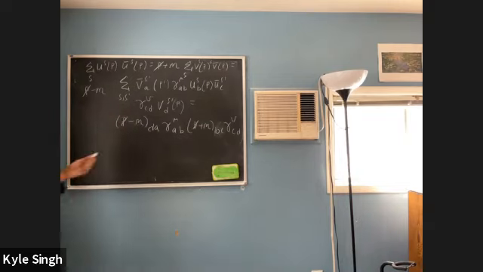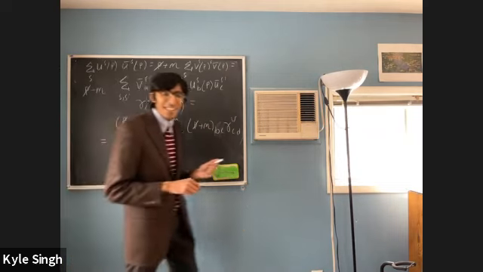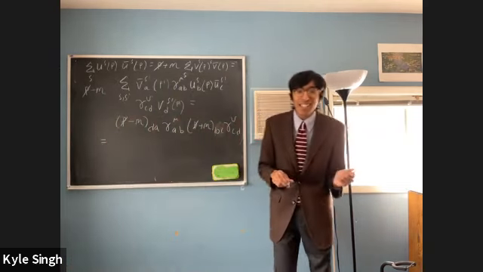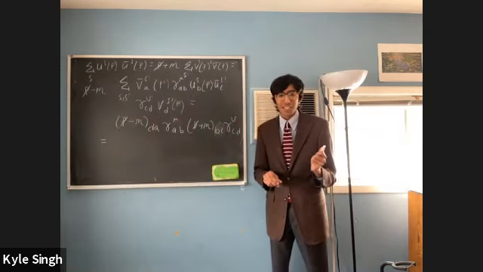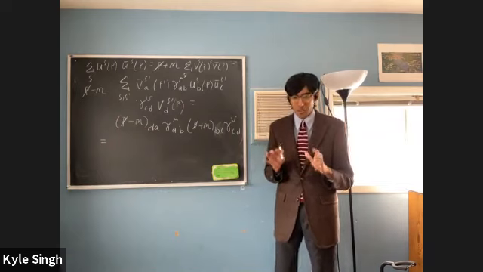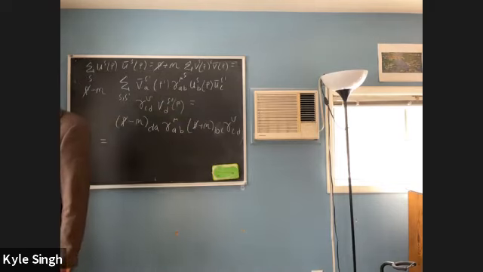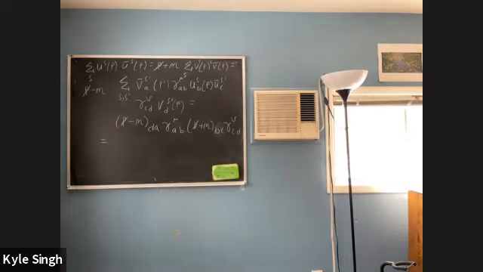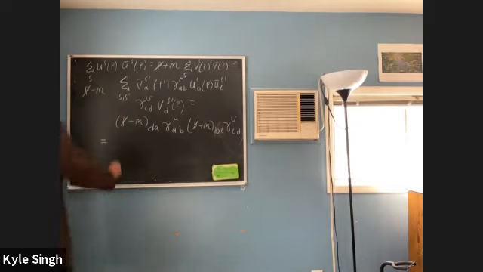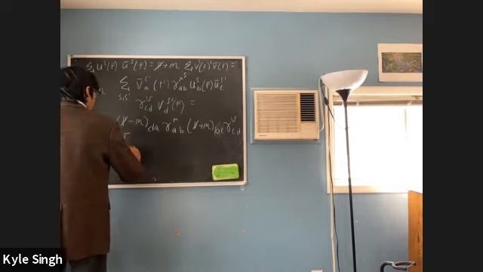And now, here's the fun part. I can write this now as a bunch of traces. It is not obvious how, but it will be. So I can actually write this now as a trace.